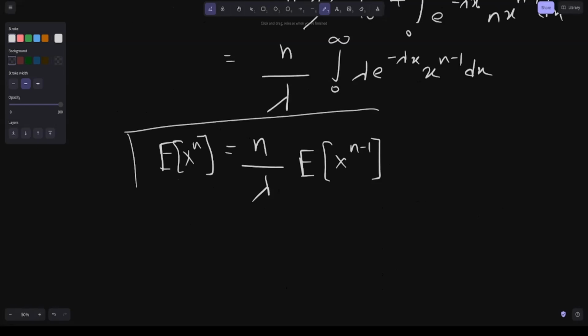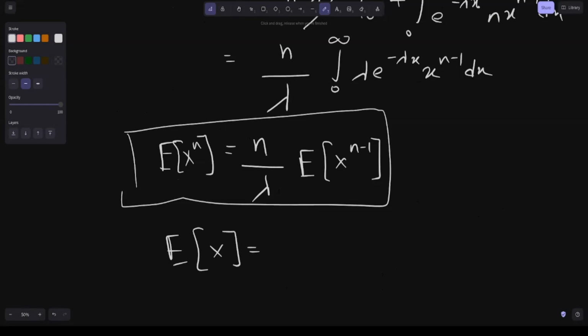Now let's try to find E of X. We put the value of n equal to 1 here, so it will become 1 by lambda.